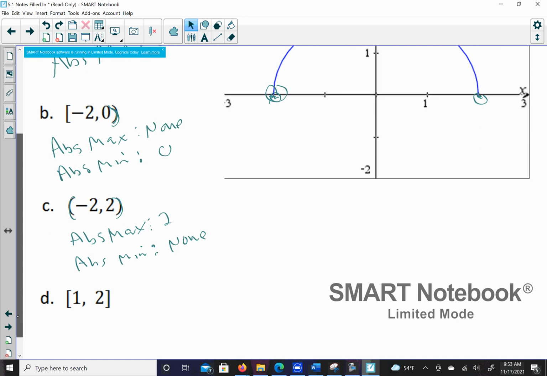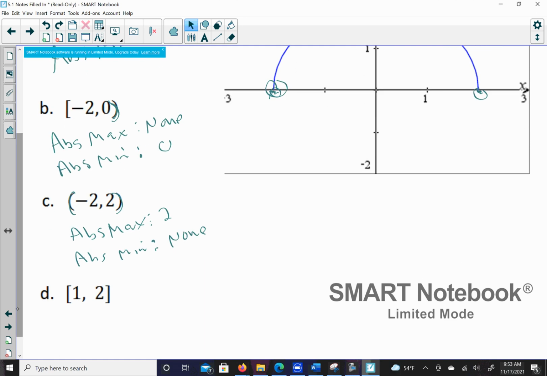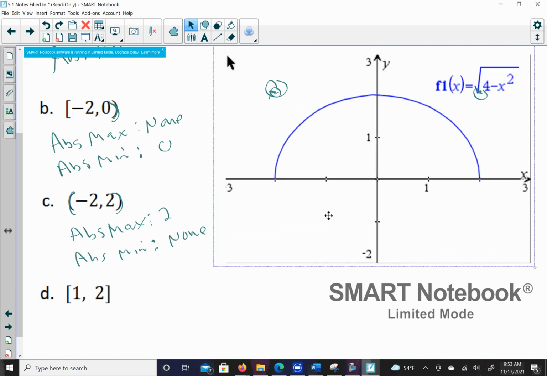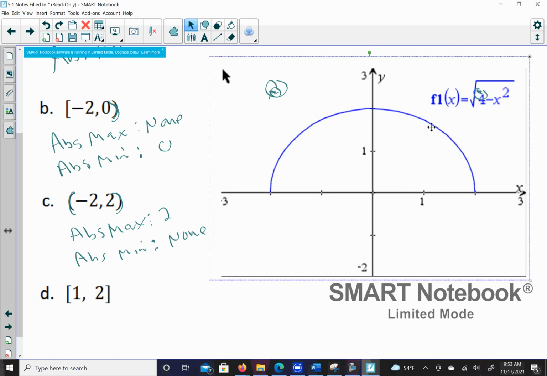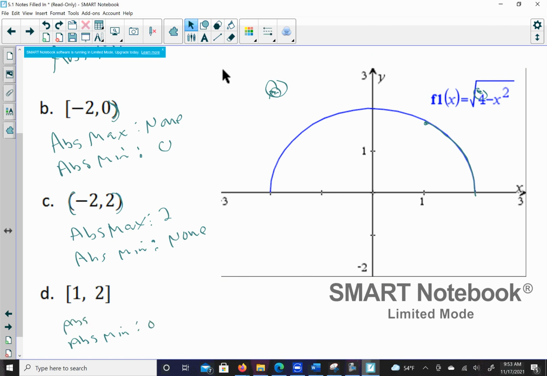And then the next one, I'm sort of chopping my interval a little bit, and I'm going from 1 to 2. So let me bring this guy down here. I'm going from 1 to 2. So 1 would be here to 2. Well, I know my absolute min is still going to be that 0. To find my absolute max, I'm going to put 1 in here.